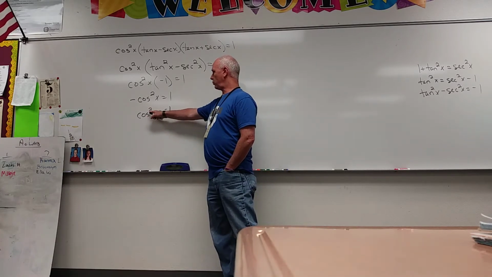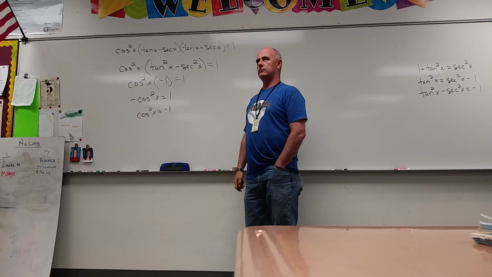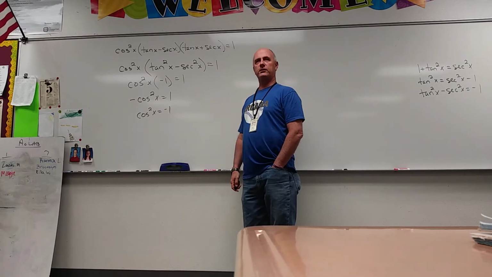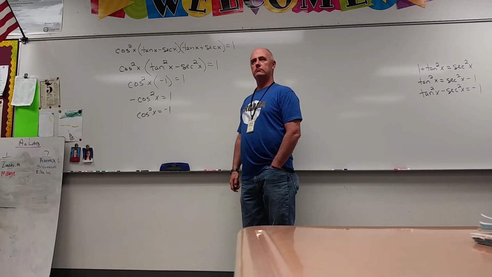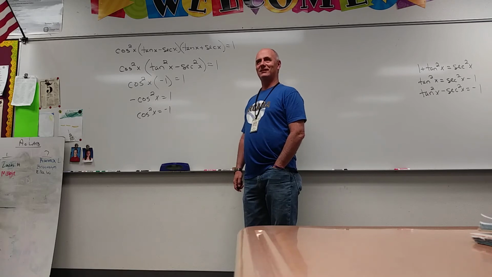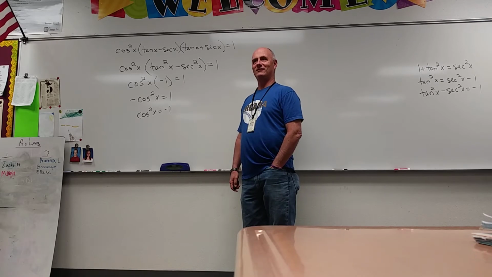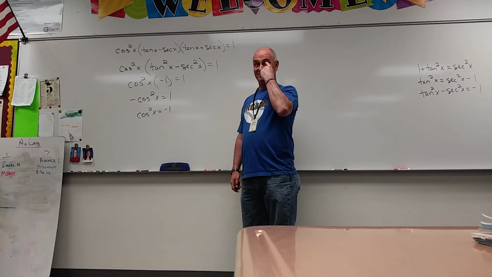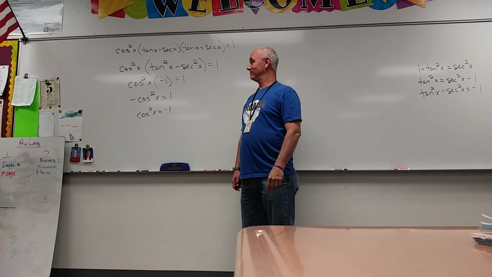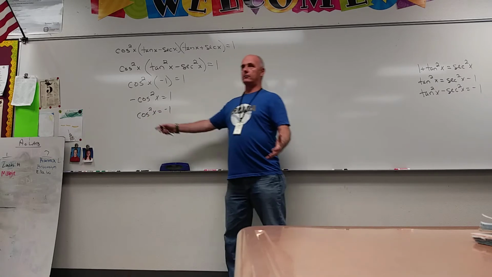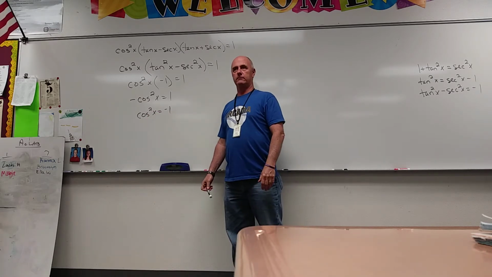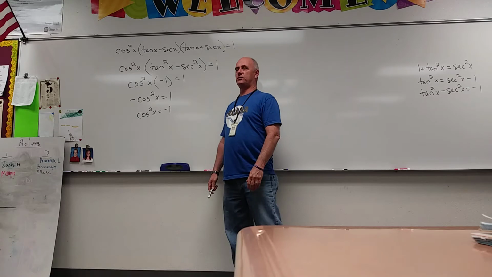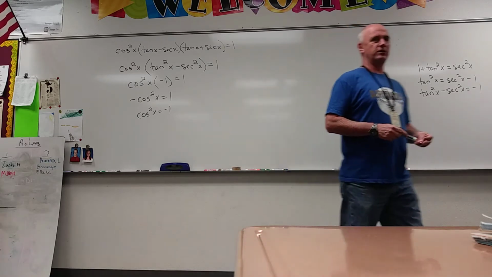But for cosine squared of x to be -1, cosine of x would have to equal i, because if we square a real number, it's going to be positive. Therefore, this statement is a contradiction. It cannot possibly happen.